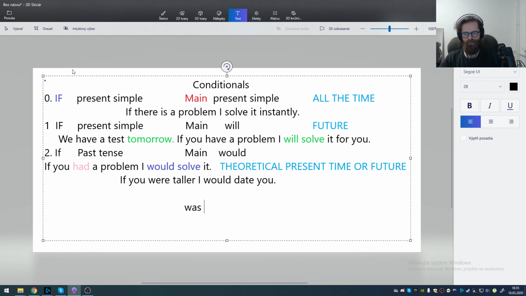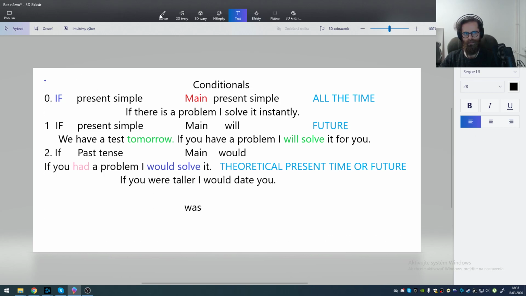Forget it. This got stuck for whatever reason. Right, the point is that, yeah. Now I don't really know what to do with this.